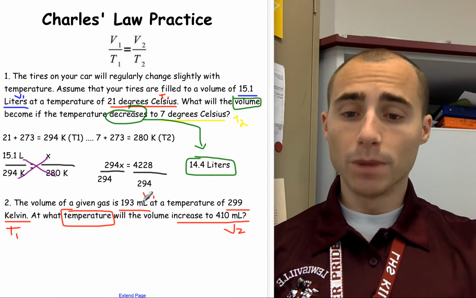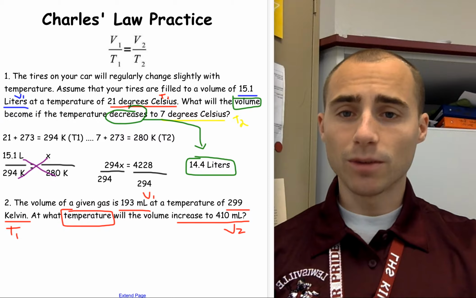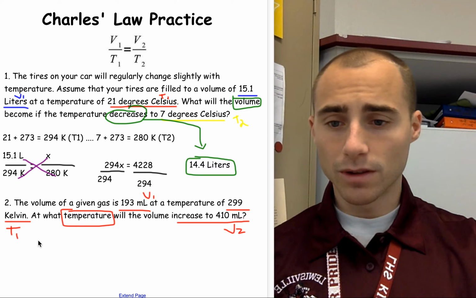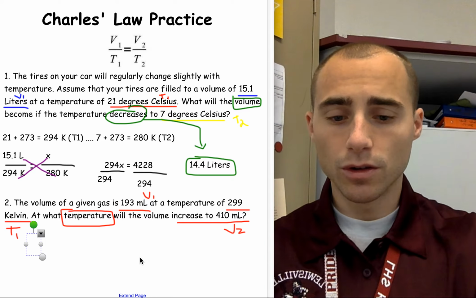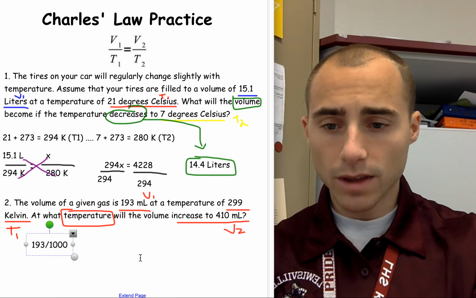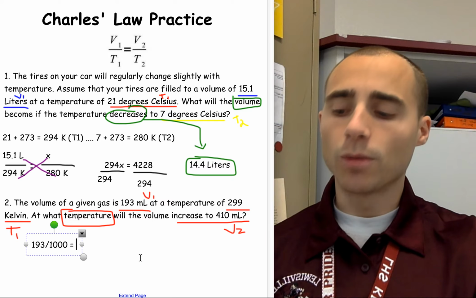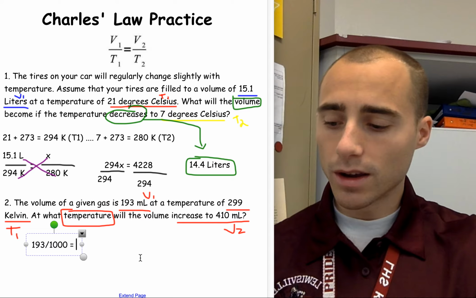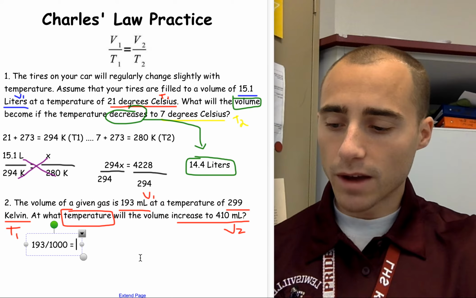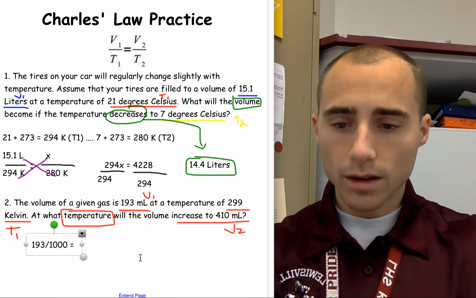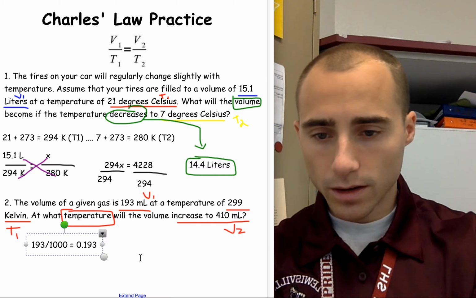But what do we need to do? We have to go from milliliters to liters. And the best way to go from milliliters to liters is simply to divide milliliters by 1,000. So you do 193 divided by 1,000. I'm going to check my work on the calculator just to make sure I don't inform you incorrectly, because that would be sad. 193 divided by 1,000 is 0.193.